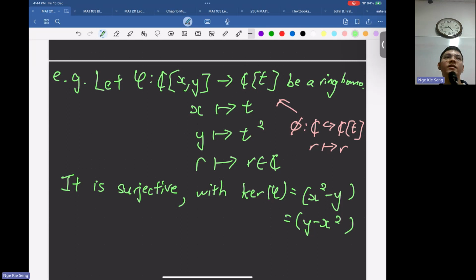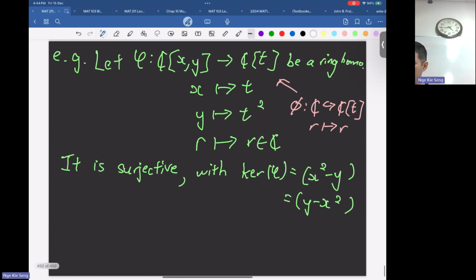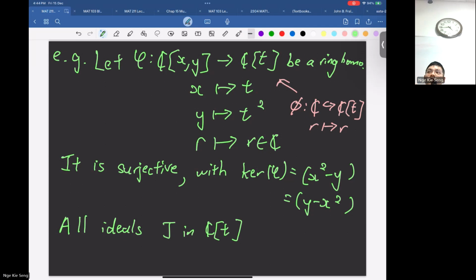Okay. So what does the correspondence theorem say? All the ideals in the domain that contain this kernel correspond bijectively to the ideals in the codomain. Okay. So what are the ideals in C[t]? Can I classify all the ideals in C[t] or not? C[t] is a polynomial ring over what? Over C. C is a field, right? Because you can find an inverse for every non-zero element.